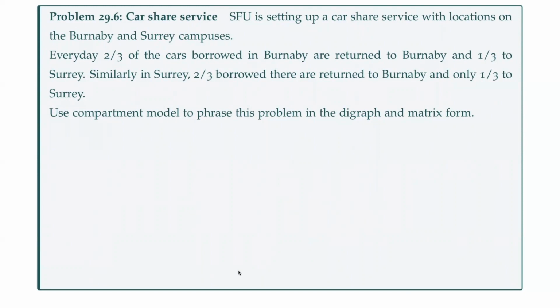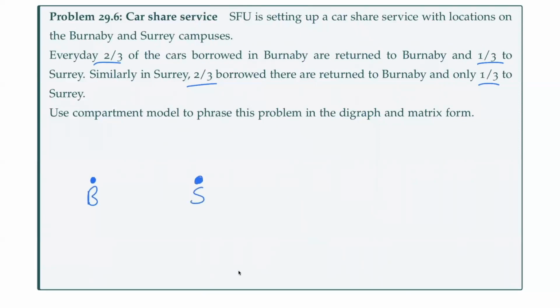Here we are told that every day 2/3 of the cars borrowed in Burnaby are returned to Burnaby, 1/3 to Surrey. Similarly in Surrey, 2/3 are returned to Burnaby and 1/3 to Surrey. So we can use a compartment model to describe this, and we can represent it as a digraph.